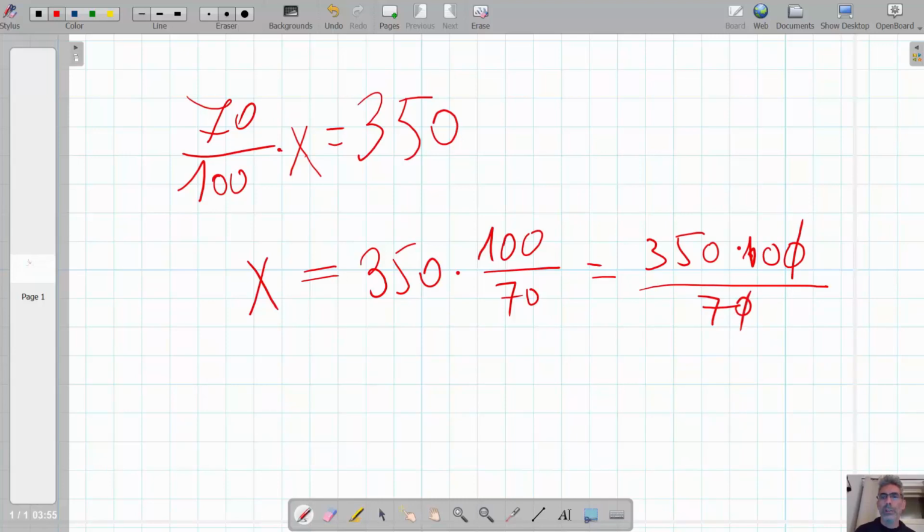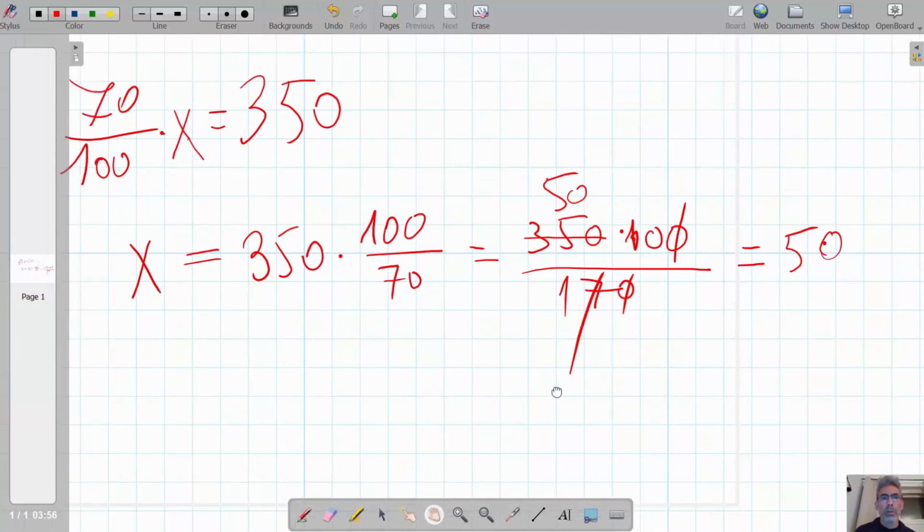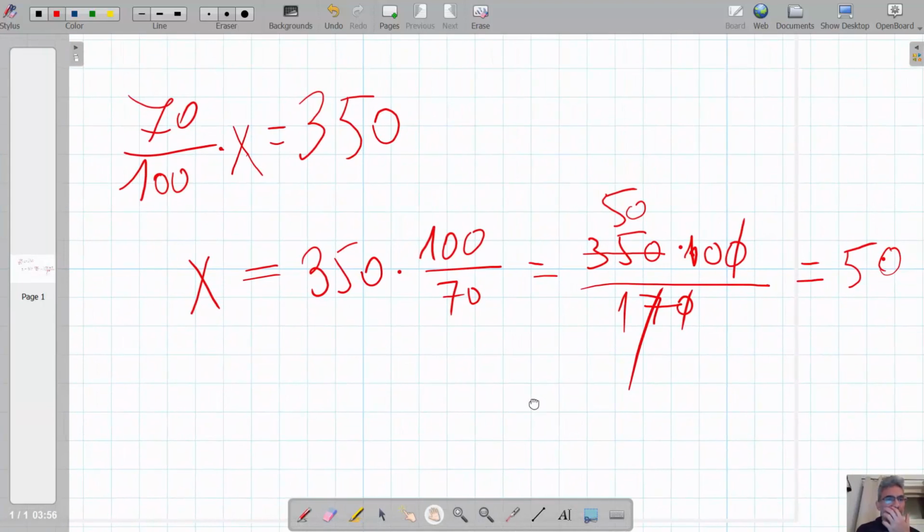And we can divide 350 by 7, which is 50. So x equals 50. We're left with 50 times 1. So 70% of x is 350 means how?